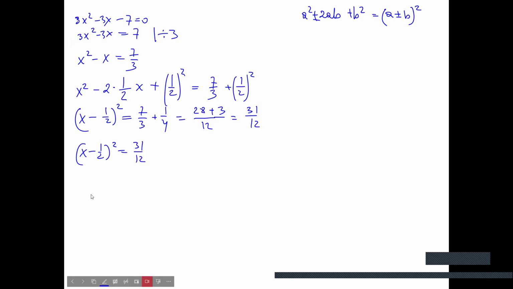Now, if I want to take a square root, 31 is 31. Nothing can be manipulated. Here is 4 times 3, right? Yes, got it? So that's first, I have positive.